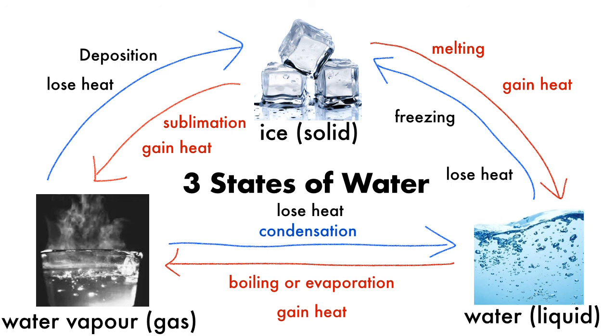Boiling and evaporation take place when liquid water gains heat. In the reverse process, the water vapor gas or steam will lose heat and undergo condensation to give you back liquid water. There are other processes whereby solid ice becomes gaseous water vapor, or the other way around. We'll learn it next time. These are called sublimation and deposition.